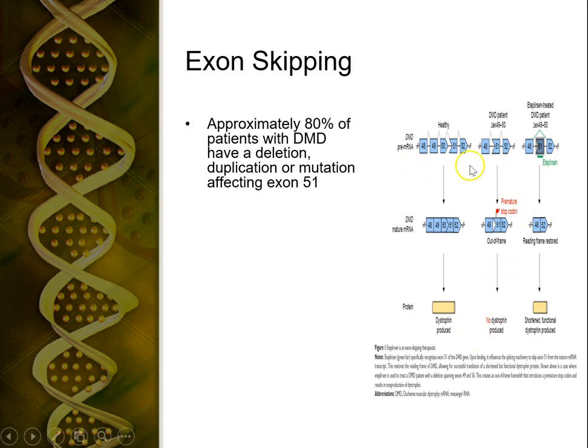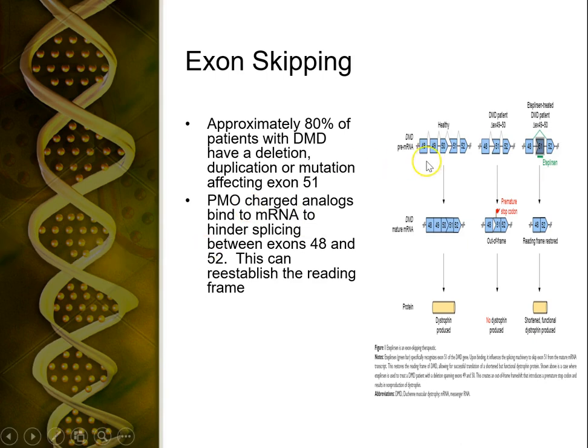However, what if in the pre-mRNA we add something called a PMO that blocks the splicing between exons 48 and 52? We now will not have a stop codon at 51, and we can actually reestablish the reading frame.